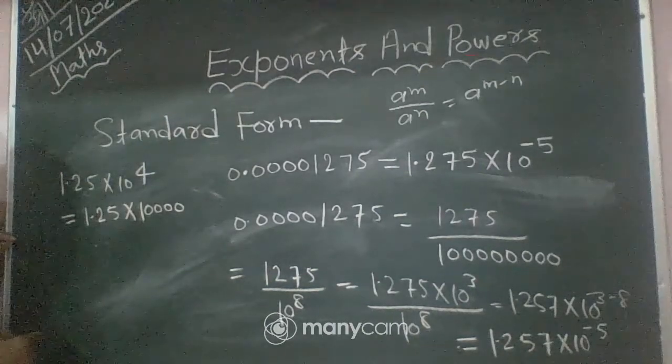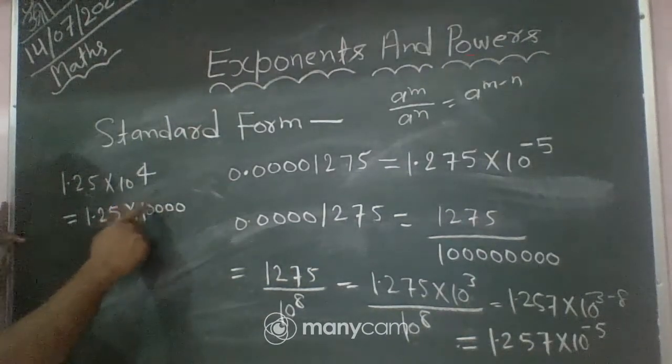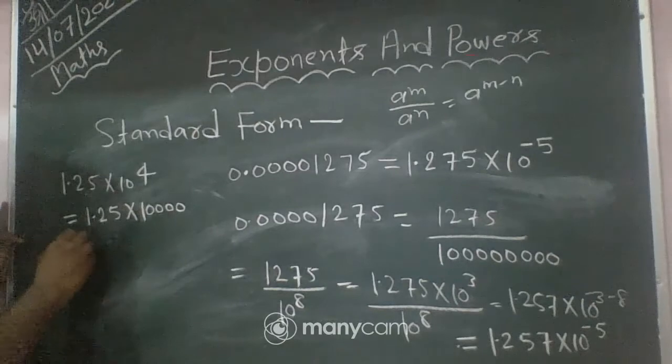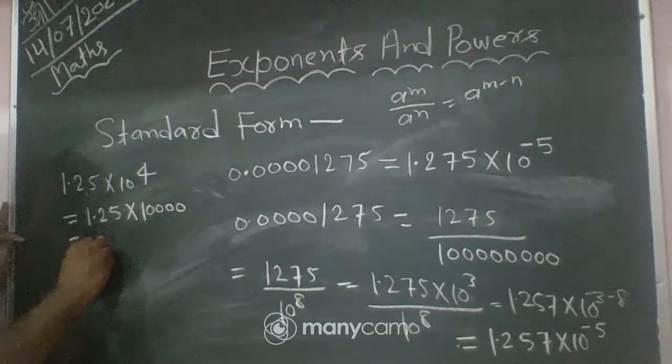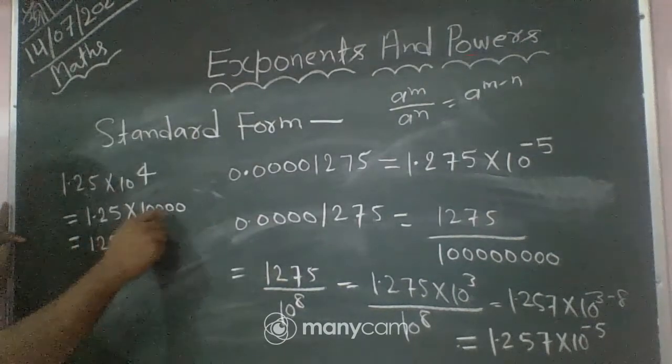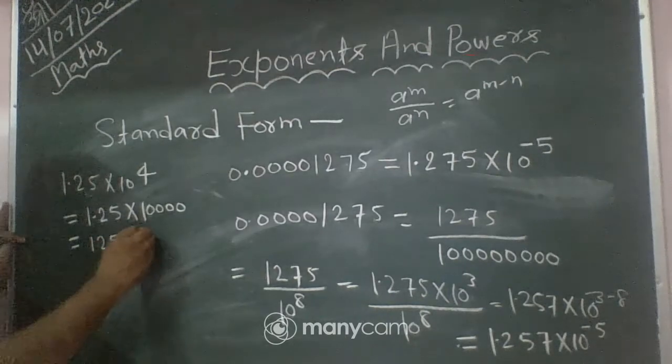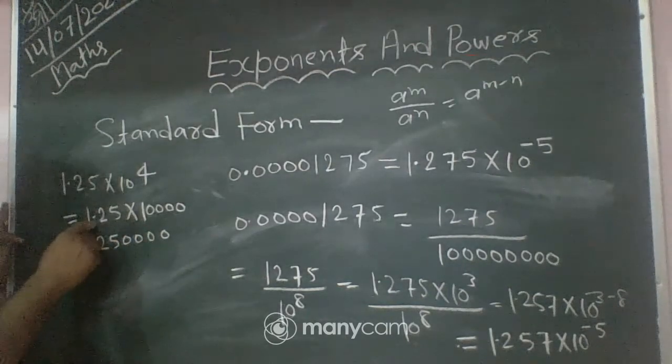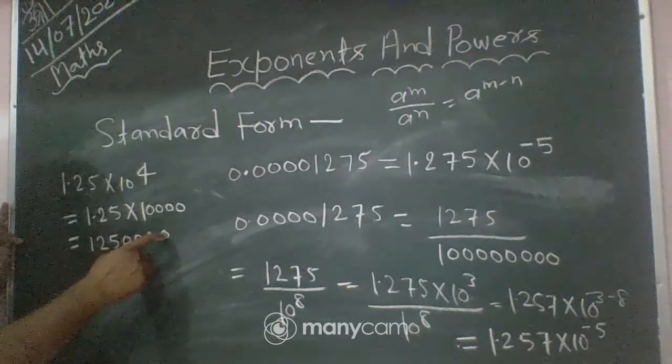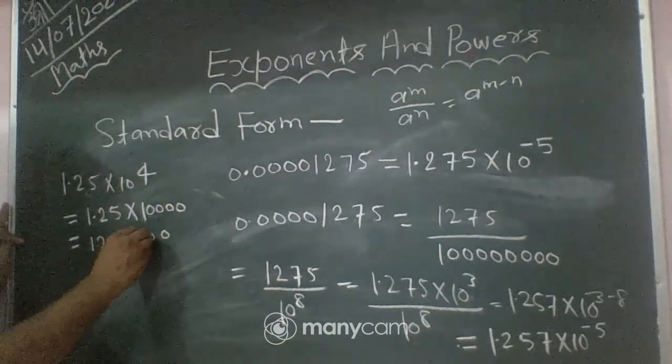So where is the decimal? The decimal is after 2 digits, 1, 2. Here is the decimal.